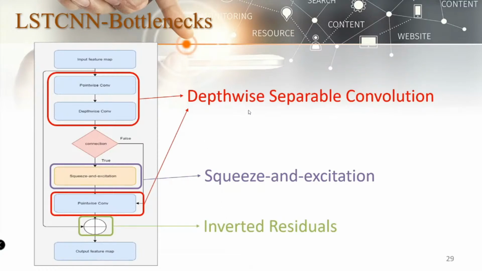The depth-wise separable convolution is composed of two point-wise convolutions and a depth-wise convolution.